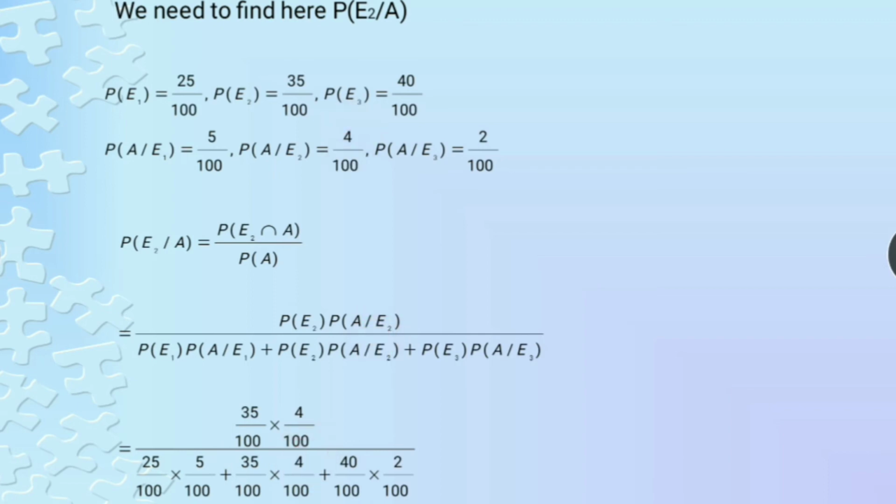Plus probability of E3, 40 upon 100, into probability of A given E3, 2 upon 100, we'll put it here. After solving it, we'll get 28 upon 69 as our answer. So 28 upon 69 is the probability of getting a defective bolt manufactured by machine B.